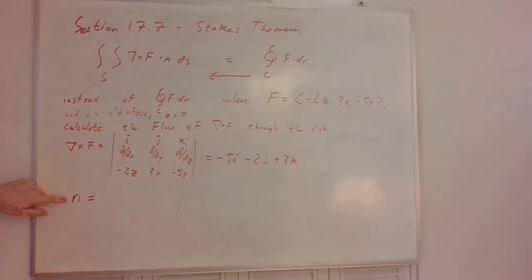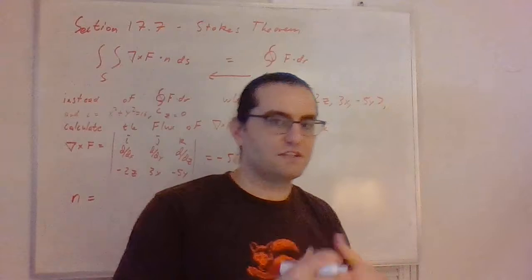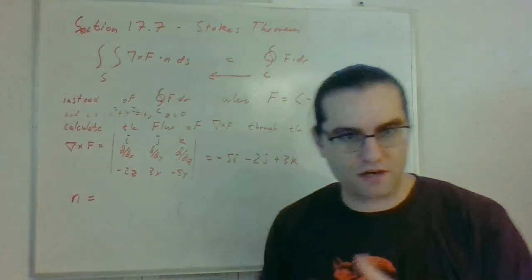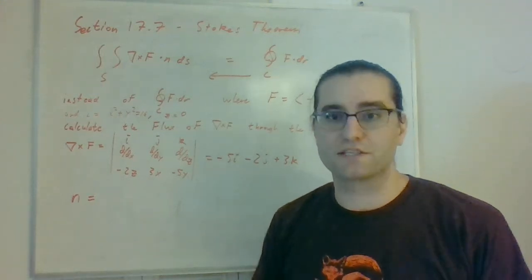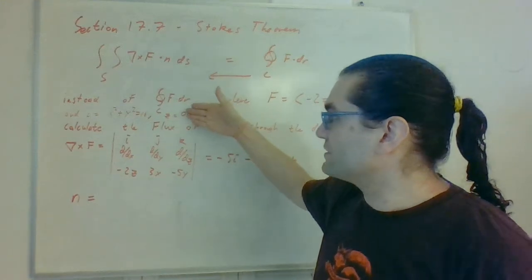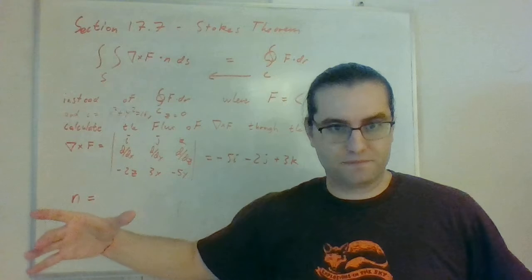Next we need n. Usually we have to go through this pretty horrifying song and dance where we parameterize this surface and we take derivatives with respect to each variable in the parametric thing, and then we take the cross products of those two partial derivatives to get a vector that is always normal to this. But this is nice. Our surface is on the xy plane. It is flat.